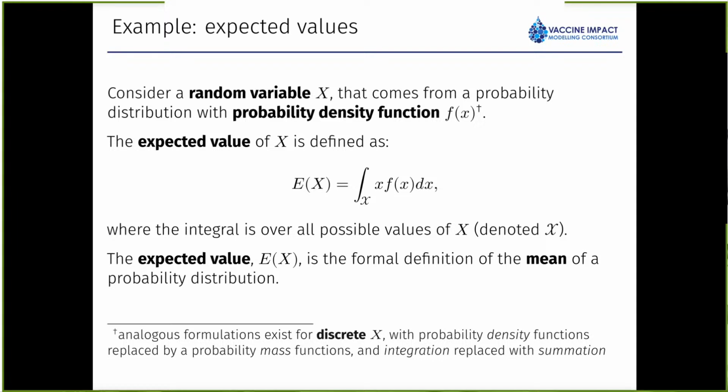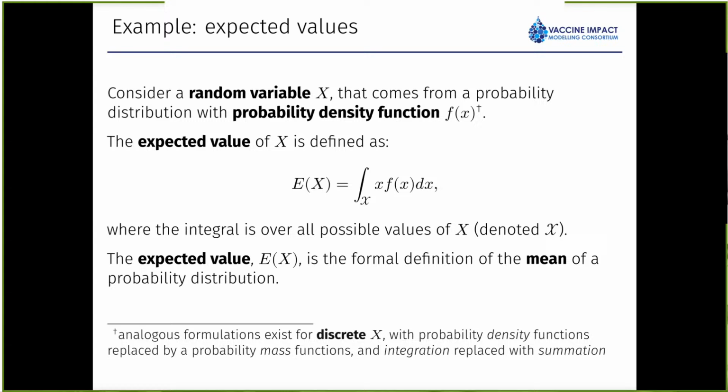Okay, just to set the scene, a little bit of revision on probability distributions. I want to consider that we have some random variable x, okay? And that comes from a probability distribution with a probability density function given by f(x). Yeah, everyone happy with that? Seen this before? Now, just a couple of terms: expected values, right?